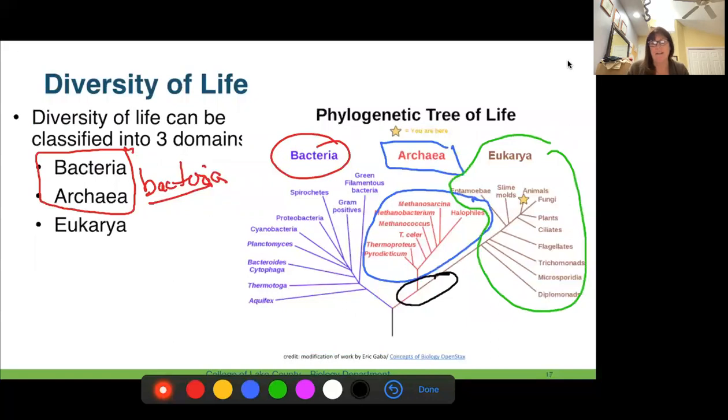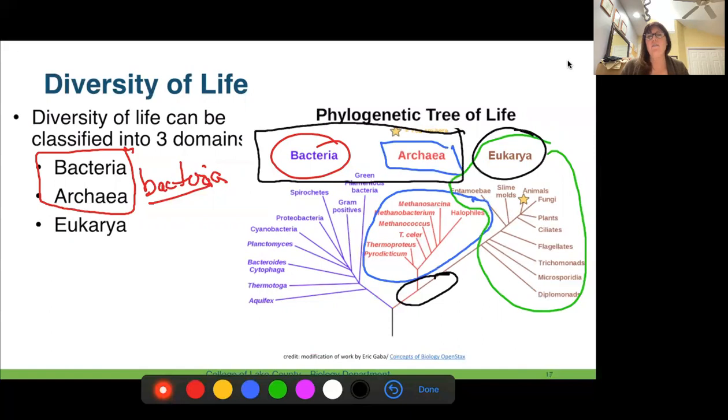They did not expect that at all. But we can see these evolutionary relationships. So these 2 groups here are all prokaryotic cells. They don't have a nucleus. They don't have membrane-bound organelles. Eukarya, they all have a nucleus, and they have membrane-bound organelles. And we'll talk about those, like I said, in chapter 3.